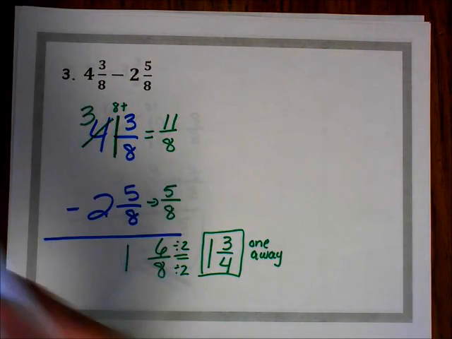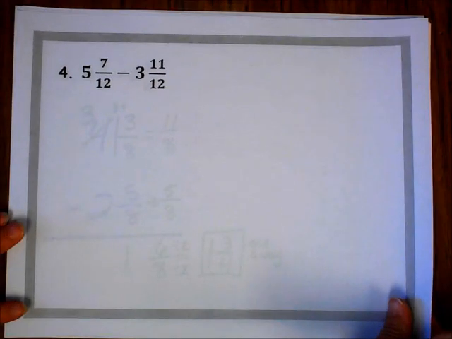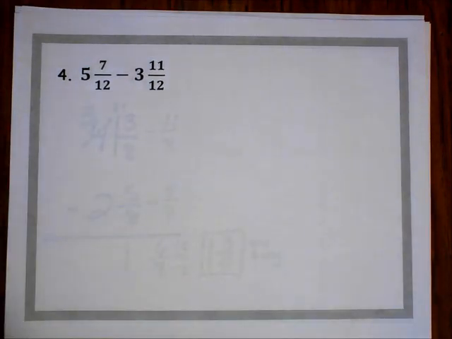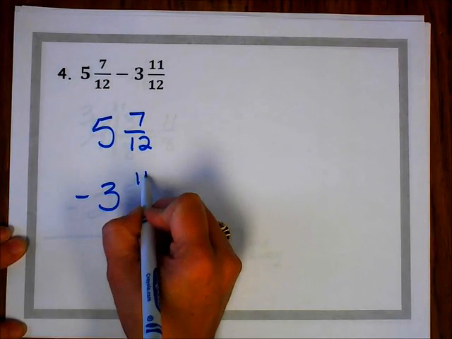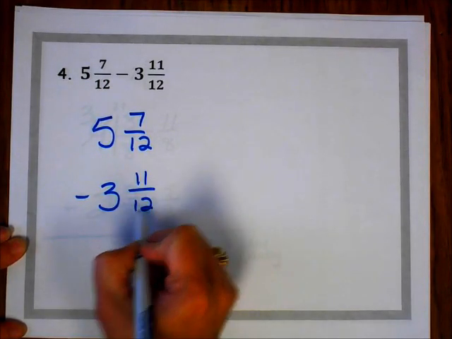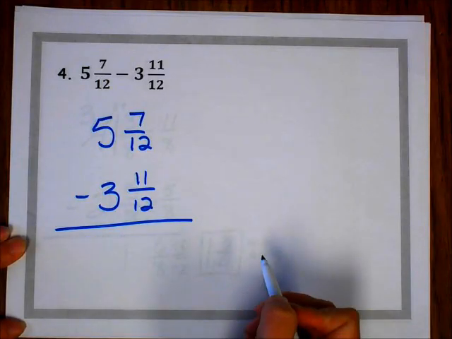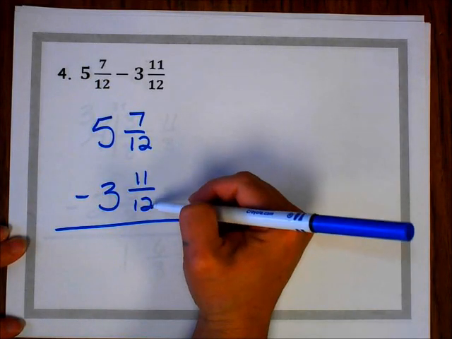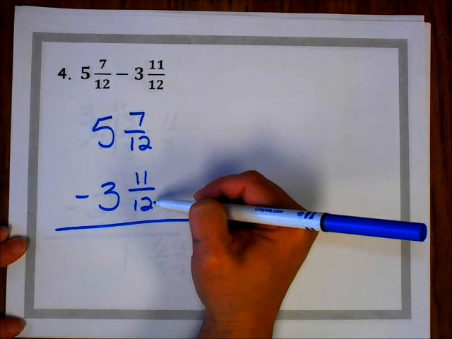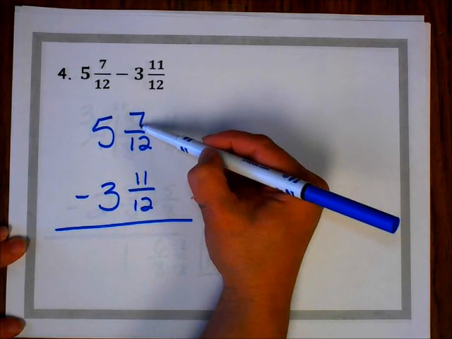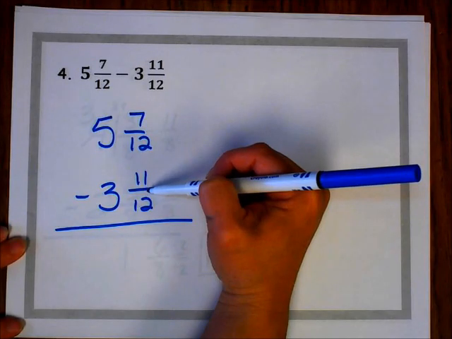Number 4. 5 7/12 minus 3 11/12. Notice I already have a common denominator of 12, so now let's see if we can subtract. Can we do 7/12 minus 11/12?